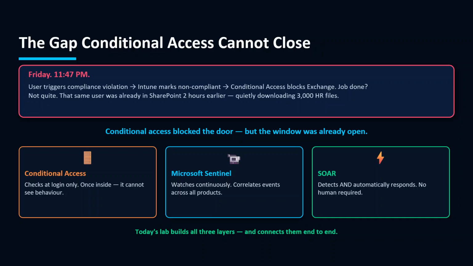That's why we need a SIEM, the Sentinel one. If a bad actor gets in by any chance, they pass the compliance policy, they pass the conditional access policy authentication, and they enter. After that, you do not have any visibility into what they are doing.